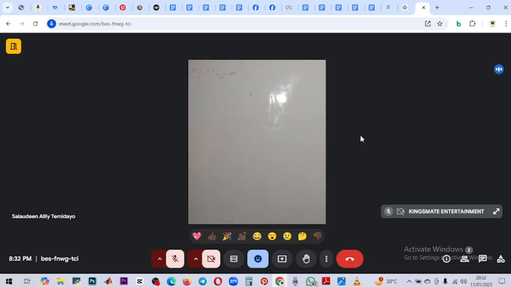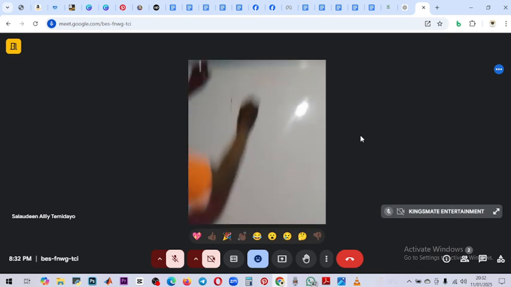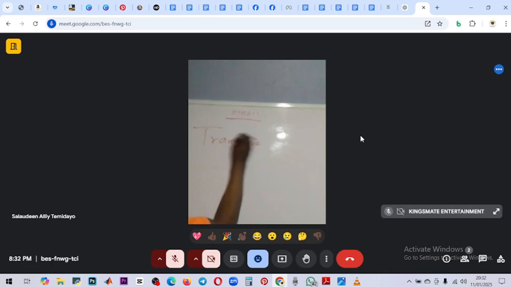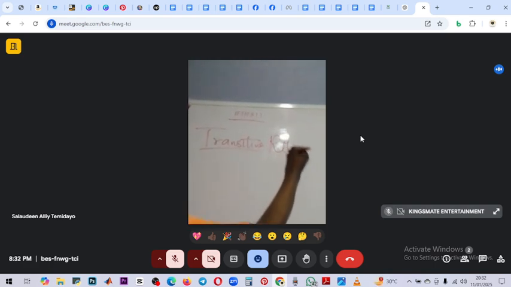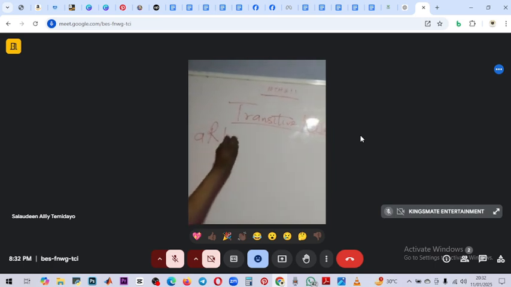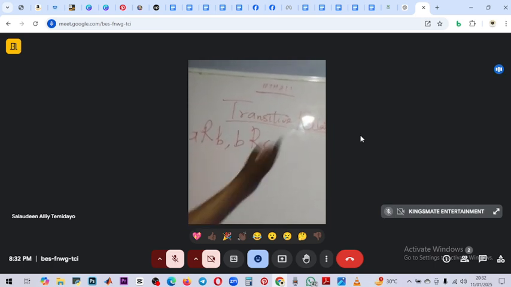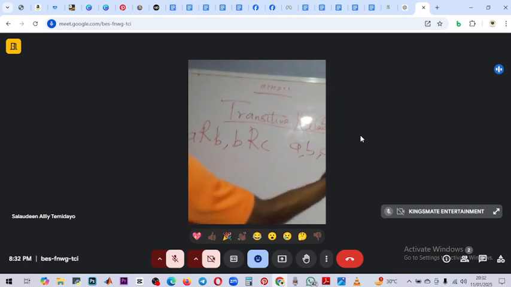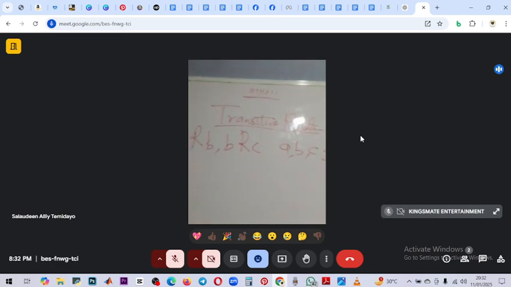So what do we mean by transitive relation? Transitive relation is a relation that's just like this. A is related to B, and B is related to C, where A, B, C are all elements of a particular big set.